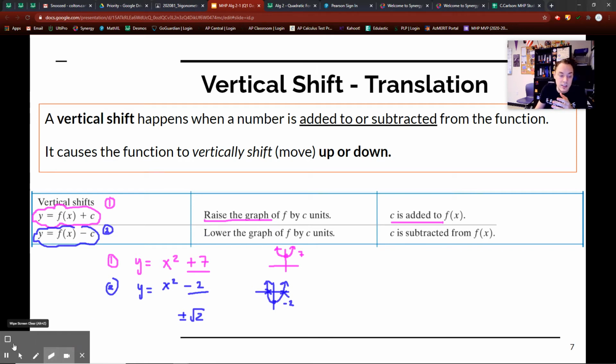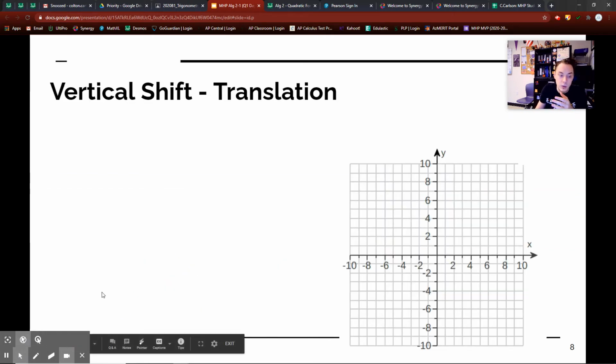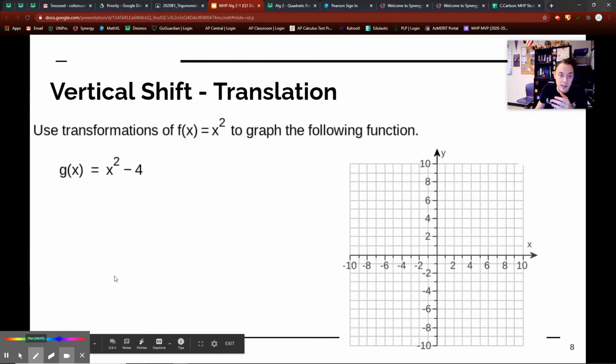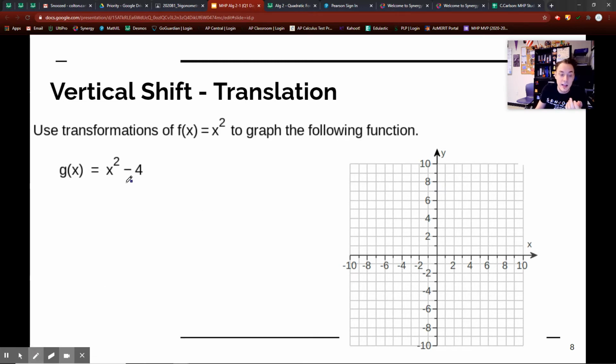Let's go through our example. Really quick, I'm given this, use transformations. If I'm saying x squared minus 4, well, that means this minus 4 moves it down 4. So my basic parent graph looks something like this. I'm just going to briefly graph it. This is where we graphed it in the very first slide.